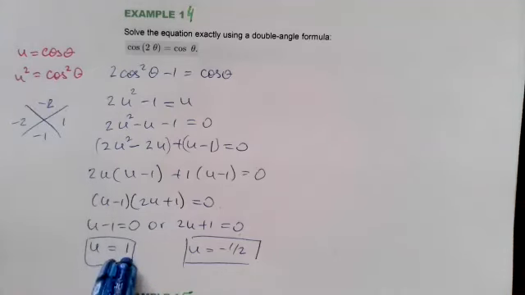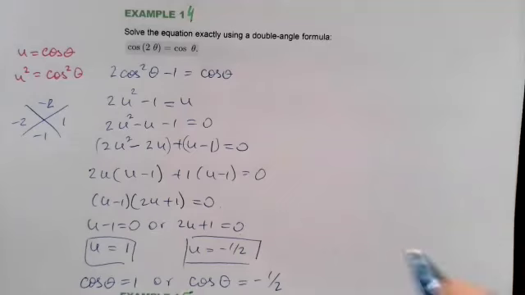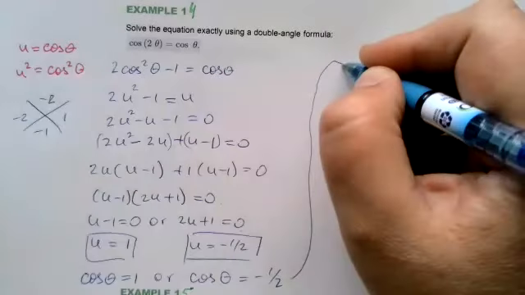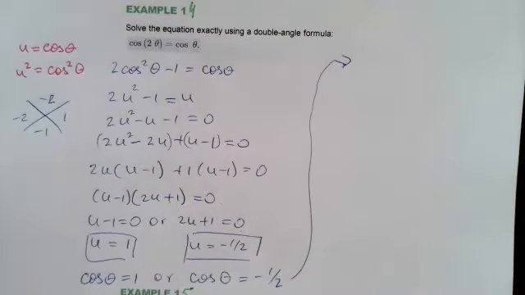So you're going to recall that u is cosine theta, and you're going to write cosine theta equals 1, or cosine theta equals -1/2. And now you're gonna solve these trig equations.